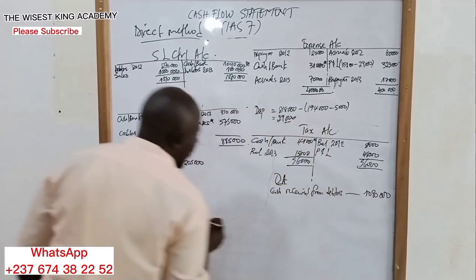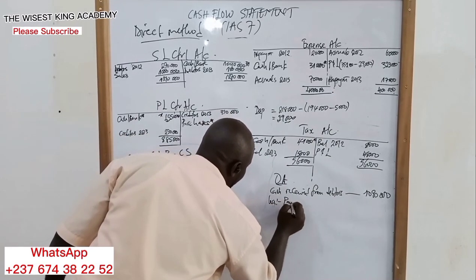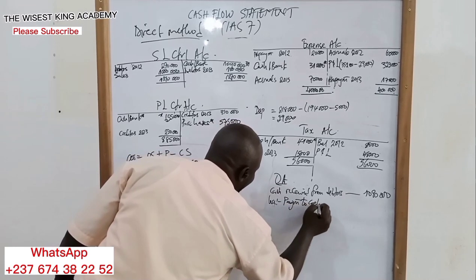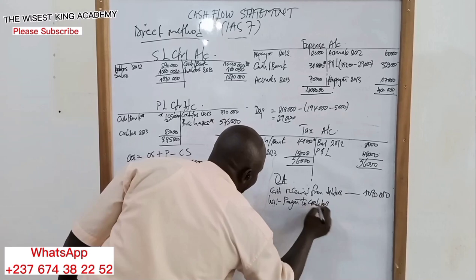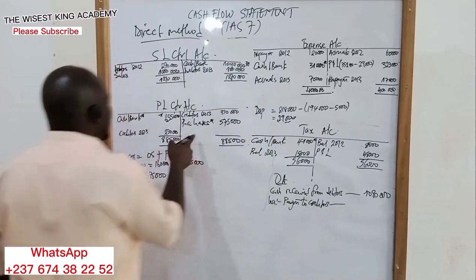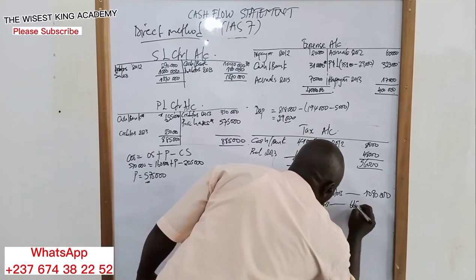Now we come here, we need to less payments to creditors. How much did we pay to creditors? According to our purchase ledger contract, we paid 655,000.